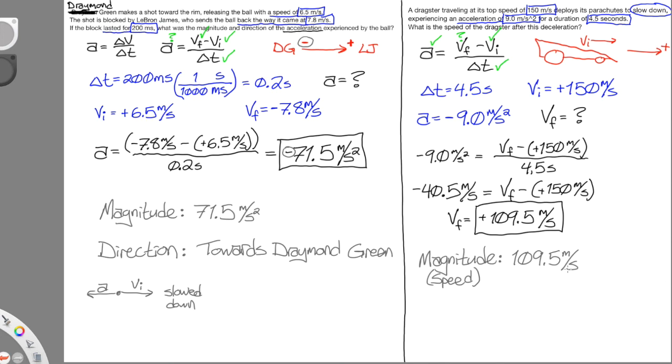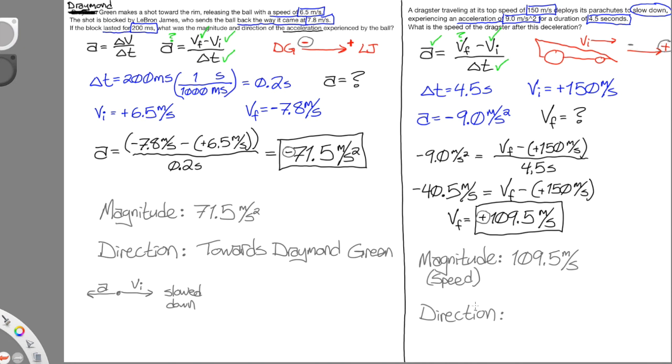The direction, we weren't asked for the direction, but we may as well check to make sure we understand. For the direction, you look at the positive or negative of your answer. The math is trying to tell you the direction, you just need to learn to listen to what the math is trying to tell you. If we look at our coordinate system, negative is to the left and positive is to the right.